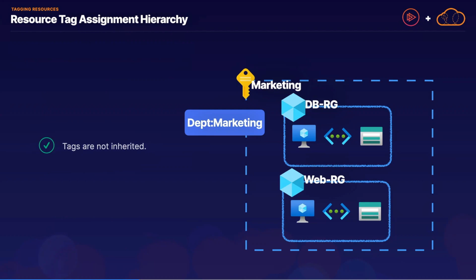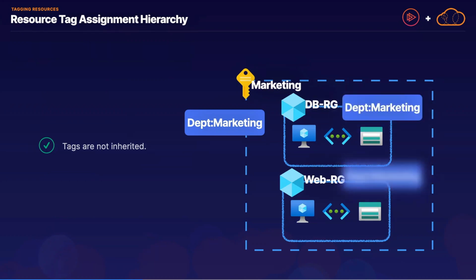We'd have to actually go to each of these resource groups and assign it the appropriate tagging, and the same would be the case for the resources that they contain. They are not inherited. Now, we could certainly use something known as Azure policies to create a policy that forces this inheritance of these tags for things inside of resource groups, for example, but it is not something that is going to be natively supported by just creating tags.